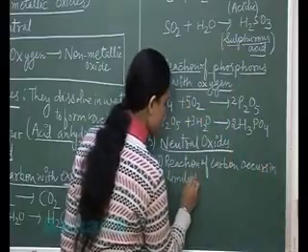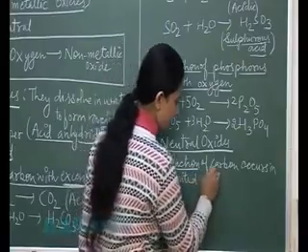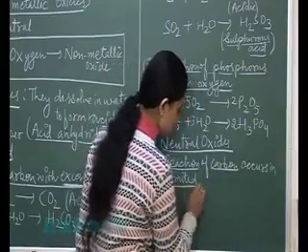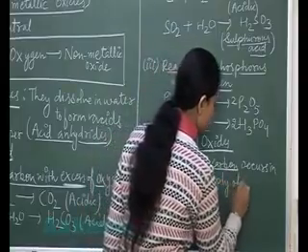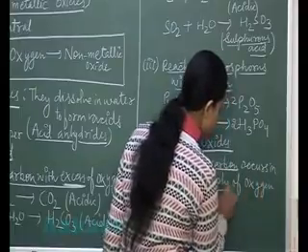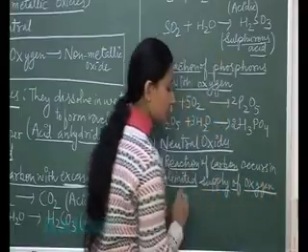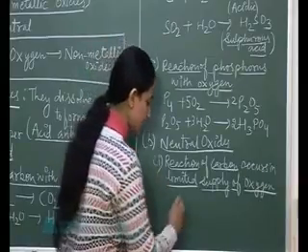Earlier we studied the reaction of carbon in excess of oxygen. Here is the reaction of carbon with a limited supply of oxygen. When we have a limited supply of oxygen, then carbon reacts with oxygen to give a neutral oxide. What is that oxide? Let us see.